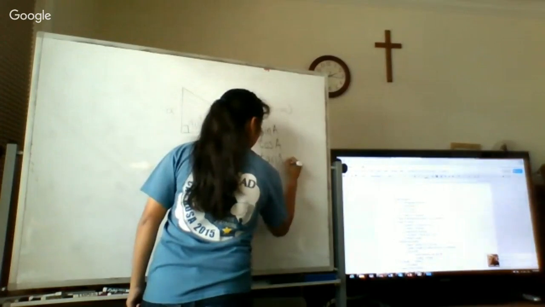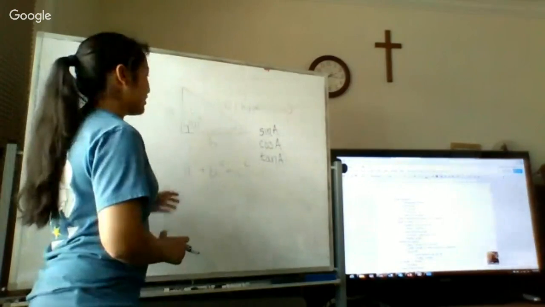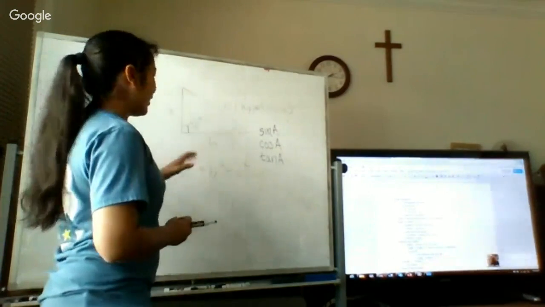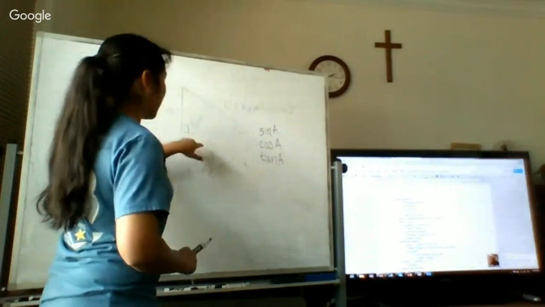Okay. Sine, cosine, and tangent are all just kind of special functions which are fractions. They're like a ratio of the legs or the lengths of each side.